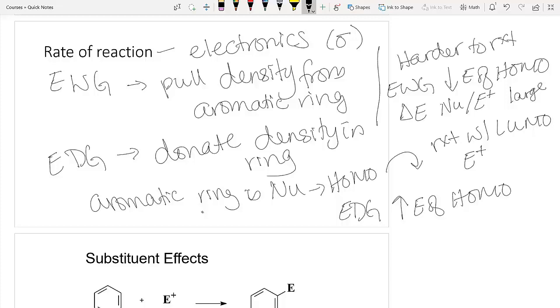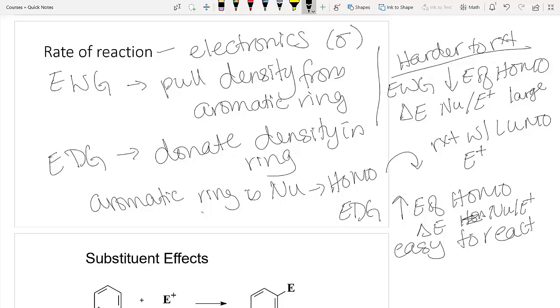On the other hand, with electron donating groups, you have a smaller energy gap, so it's easier to react. You have a smaller energy difference between the HOMO of the nucleophile, which is the aromatic ring, and the LUMO of the electrophile. This isn't any different than any of the other reactions we've talked about before.